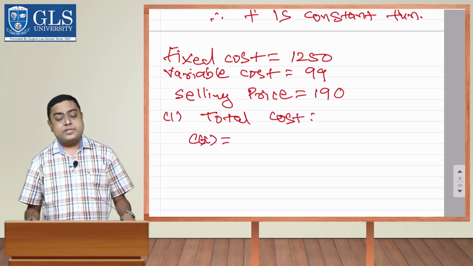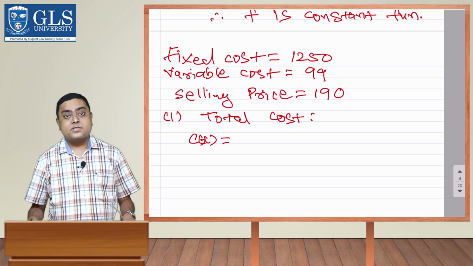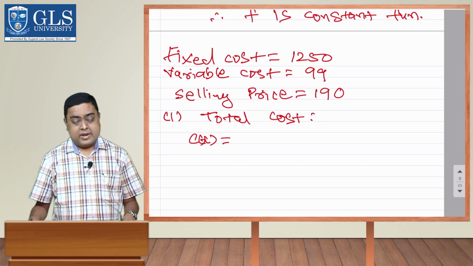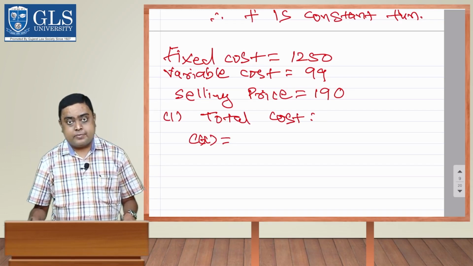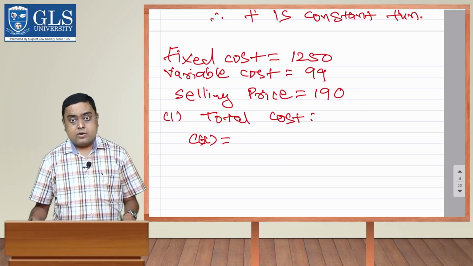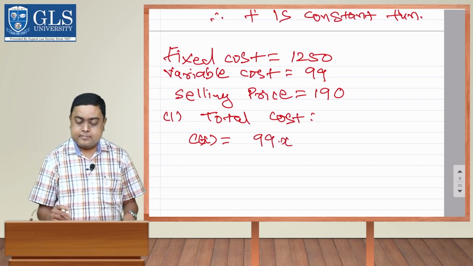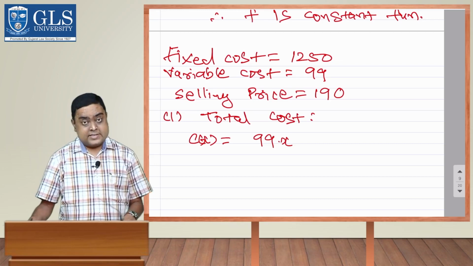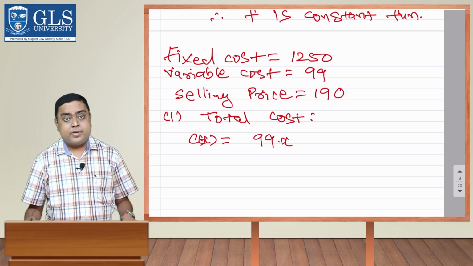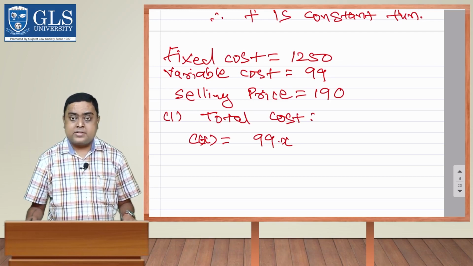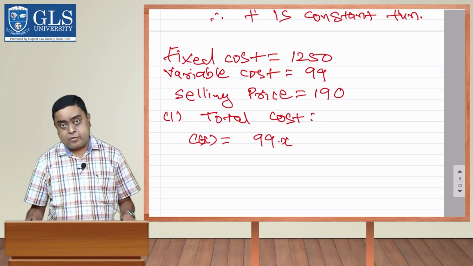So friends, we know that total cost is a sum of variable costs and fixed cost. Variable cost is 99 rupees per unit, so we get the corresponding variable cost 99x. Here the variable cost depends on the number of units, so we multiply this variable cost of 99 rupees per unit with x units.